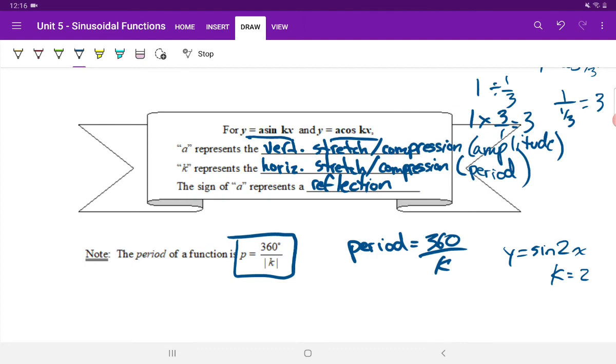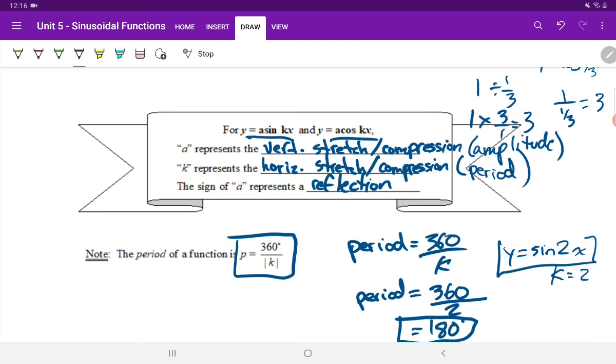And let's prove why. Period equals 360 divided by k. Look at that. You got your 180, which we proved on our graph is true. Our period for y equals sine of 2 times x is now 180. It's 1/2 of what it used to be.